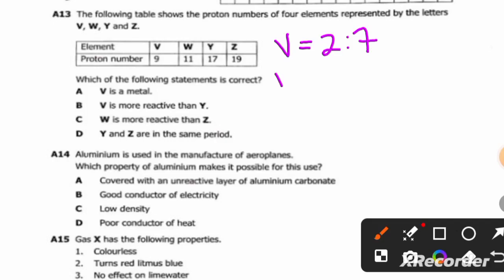Let us also consider W. The first 2 electrons in the first shell, the second 8 electrons in the second shell, then the last 1 electron in the last shell.